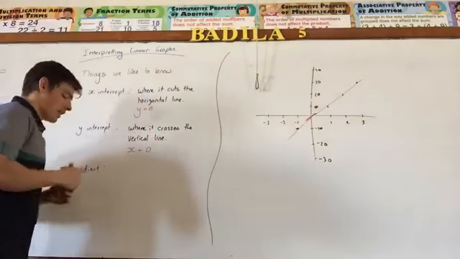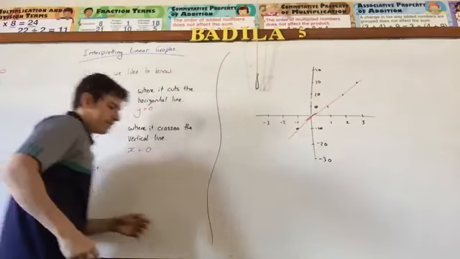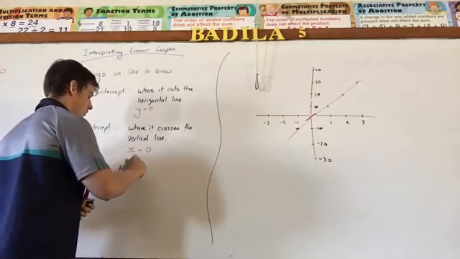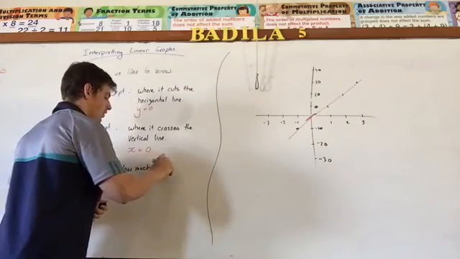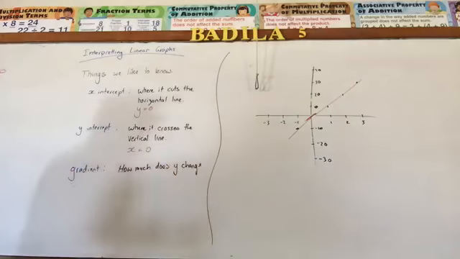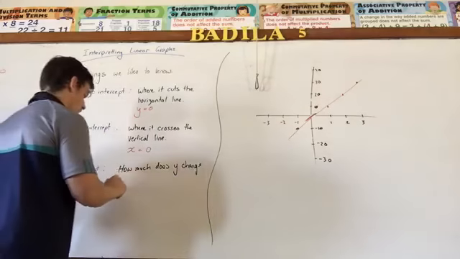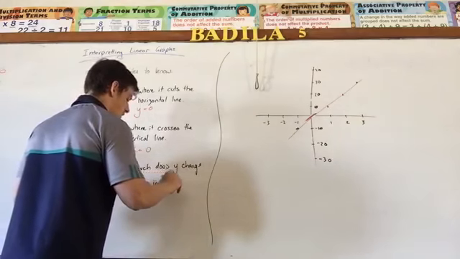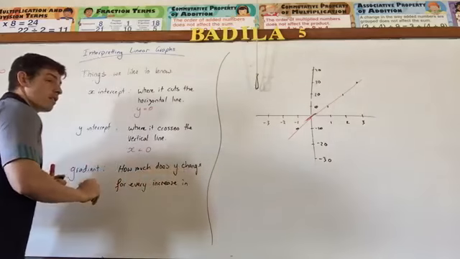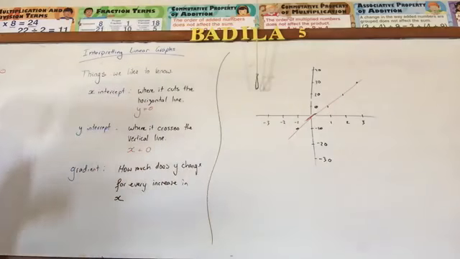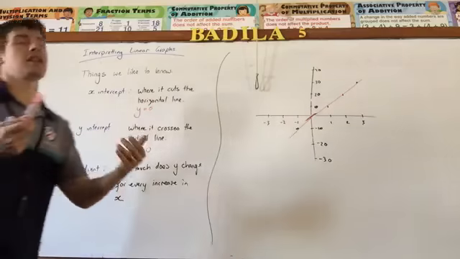So the gradient is saying, how much does Y change for every increase in X? Does that make sense? The gradient of that line is 10.